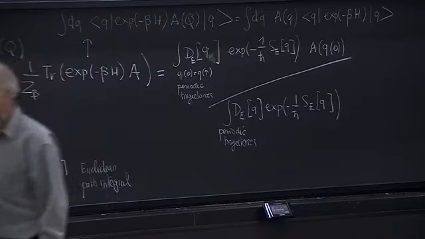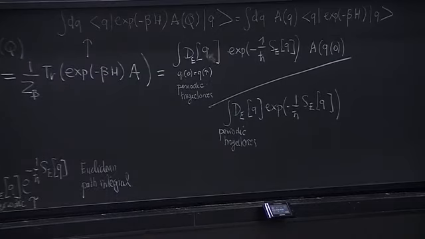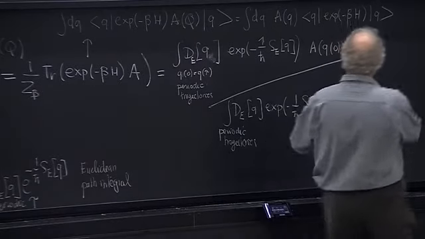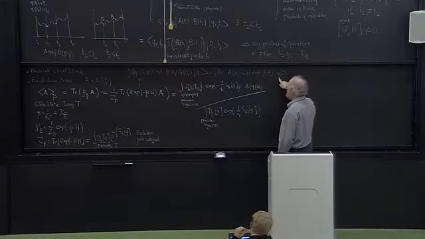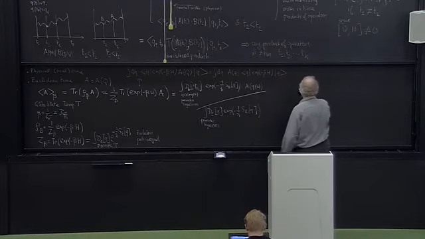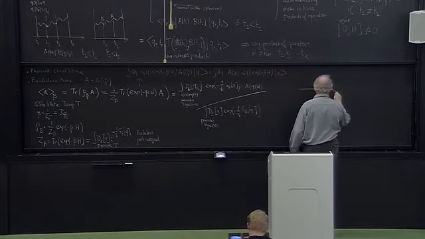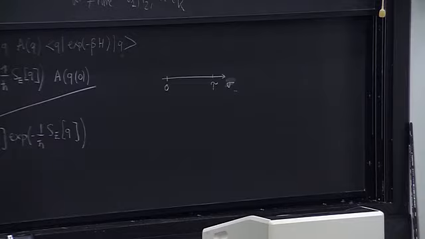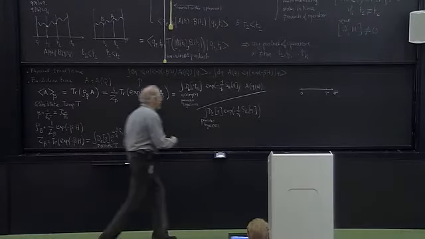Sorry, can you repeat what we insert when we have A of q at time 0? That's because this is the position of the particle at initial time, which is the same as the position of the particle at final time. So in Euclidean time sigma, I go from time 0 to time tau, given by this relation between tau and the temperature.